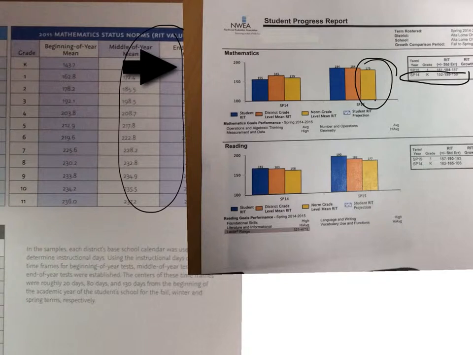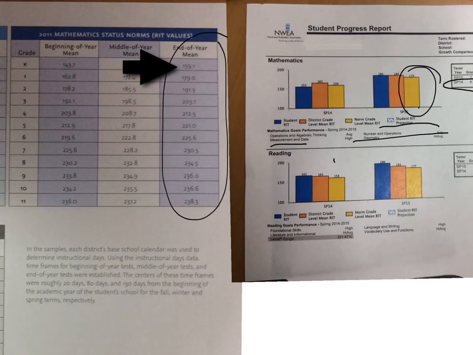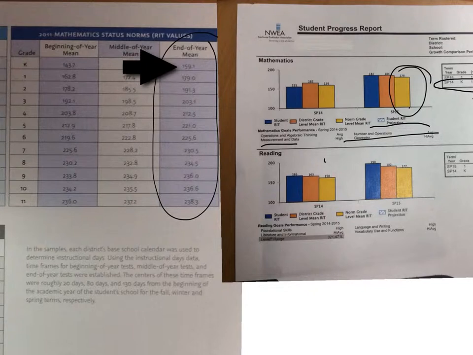So their last year's RIT score was 155, which we can see right there in the middle, 155. So we can also see last year's scores right here in this part, and there's that same 155 that we saw over here.